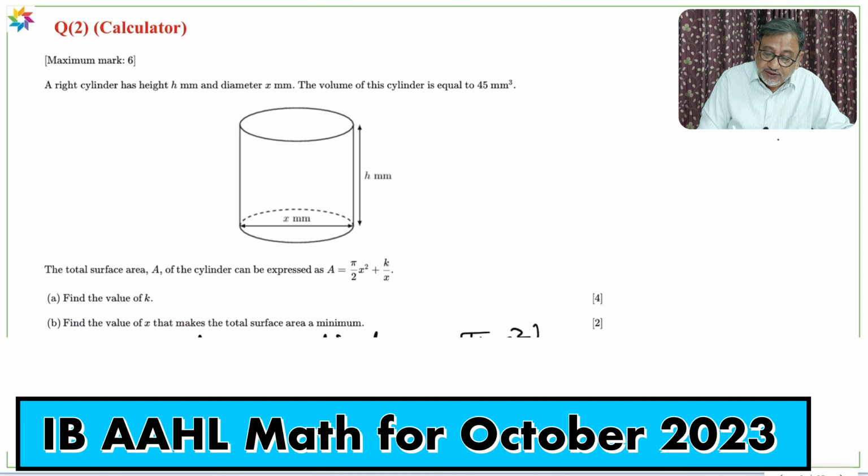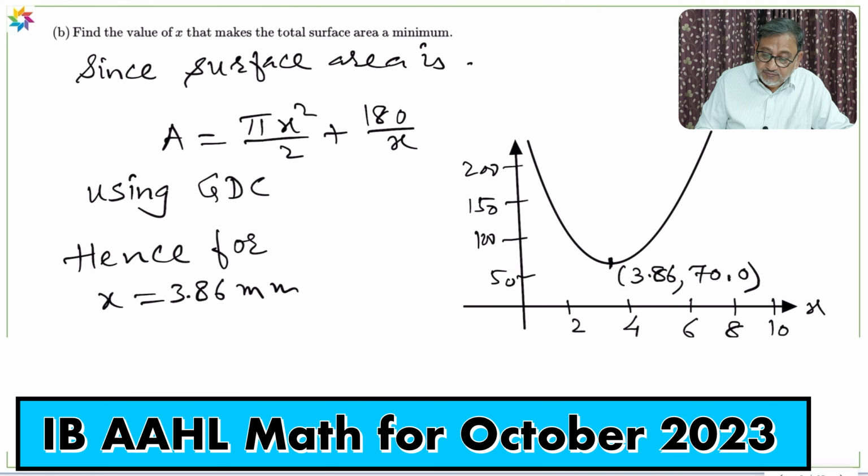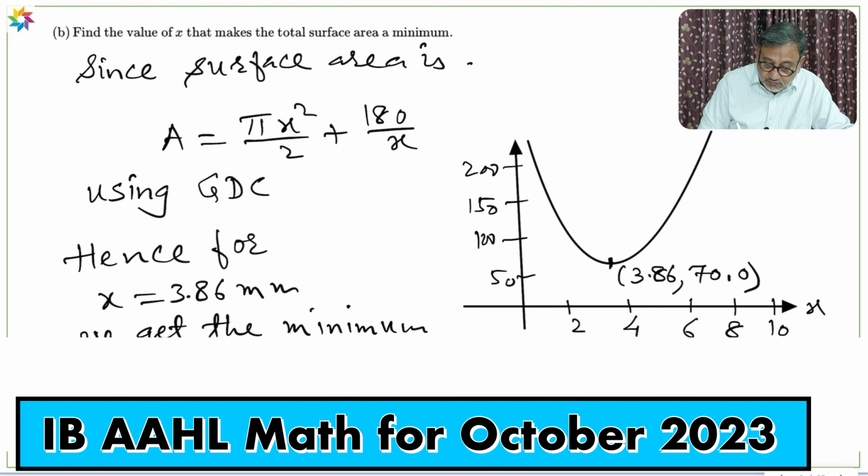Yeah, here is millimeter. Okay, hence for this we get the minimum surface area, right? That's it. This is what was required. So I am highlighting it. So the question is finished.